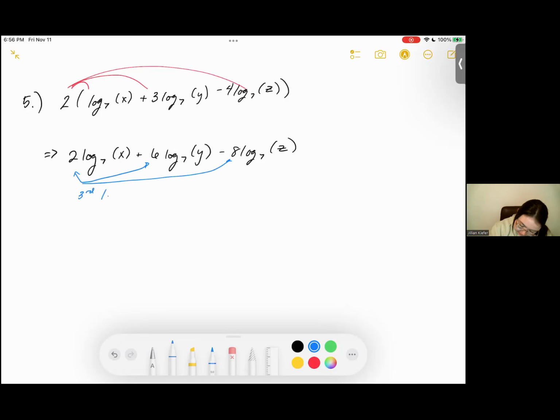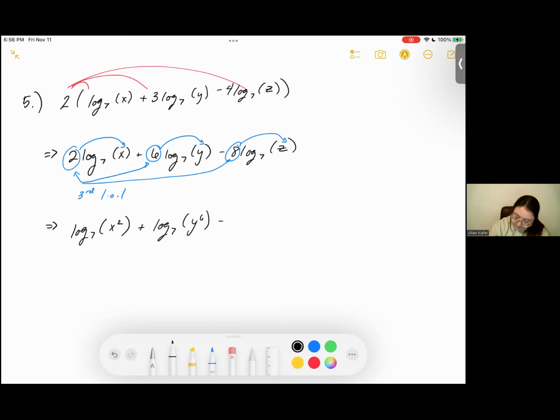We're going to take those coefficients and turn them back into exponents on our variables. So this means that we'll have log base 7 of x squared plus log base 7 of y to the power of 6 minus log base 7 of z to the power of 8. So we turned all the coefficients into exponents.